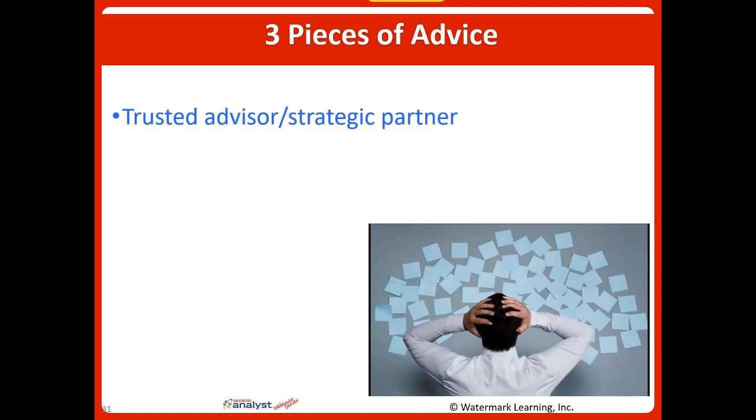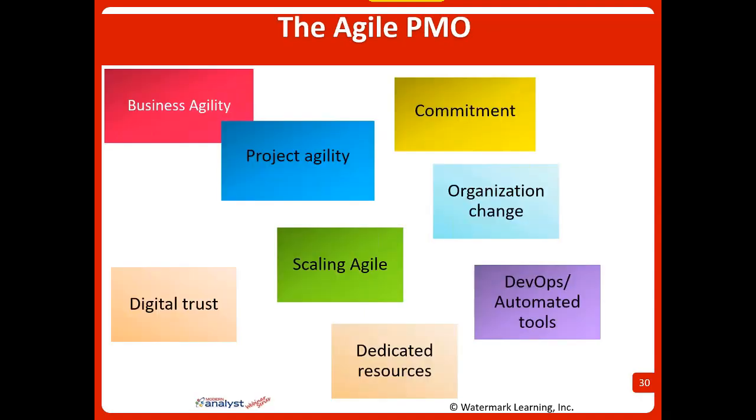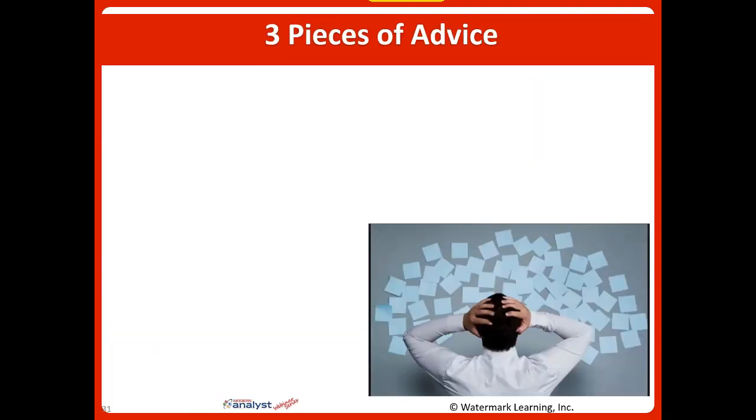That means we need to think strategically, and we need to develop strategic relationships with strategic decision makers. If we're part of an Agile PMO, or even if there is no Agile PMO, we can help and advise the organization as they go through their Agile transformation.